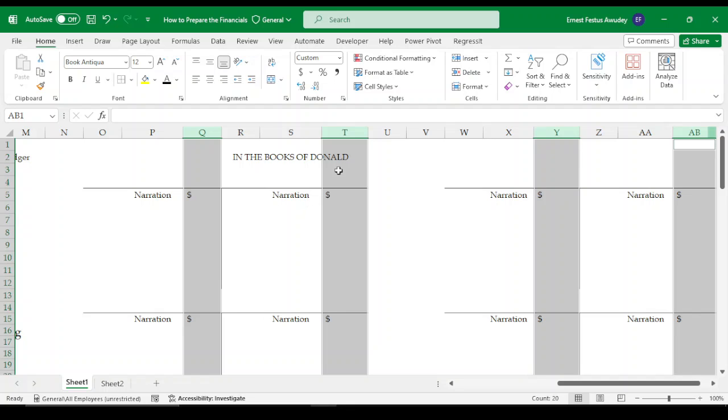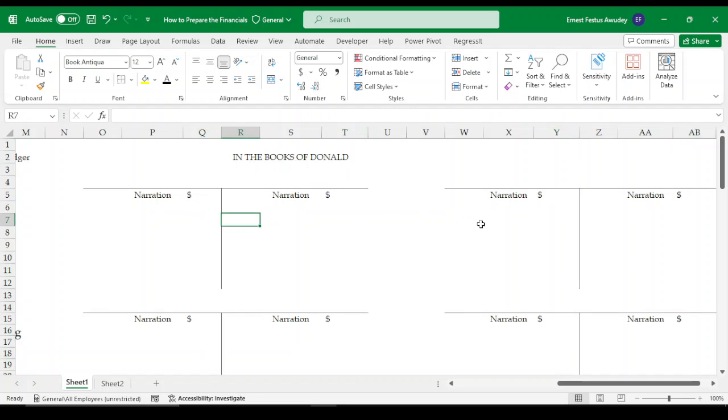Then I'll come to the comma style, and reduce the decimal places to 0. The default is 2 decimal places, so I'm going to press this and click it twice to remove those 2 decimal numbers, 1 and 2.